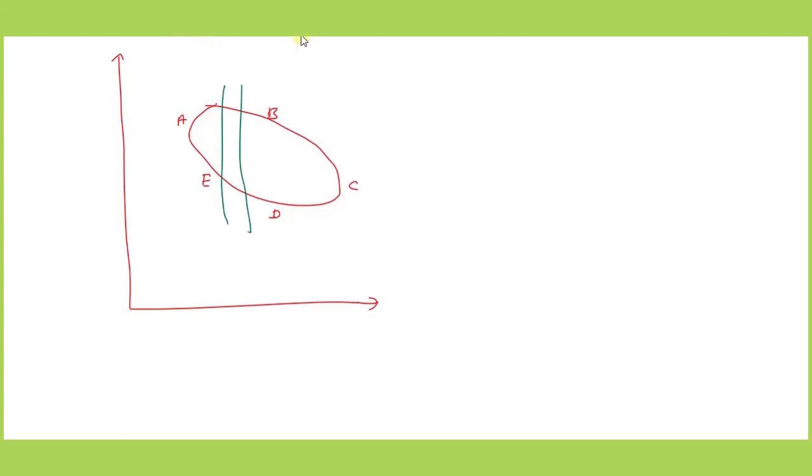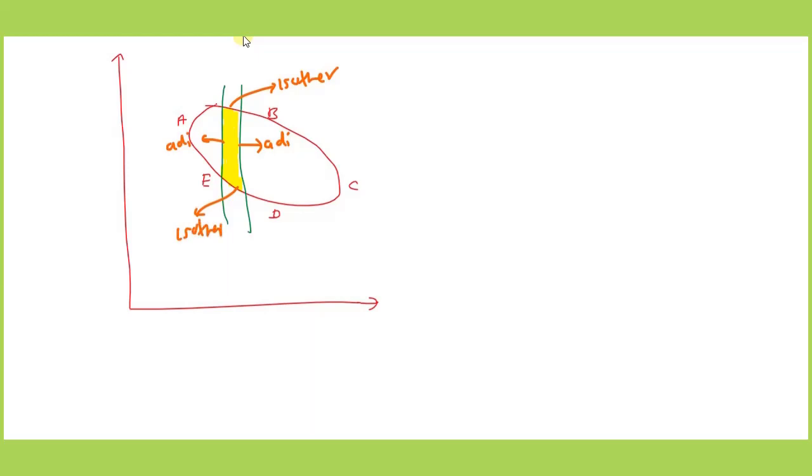Now if you consider the shaded area, this shaded area is surrounded by two reversible adiabatics and two reversible isothermals. This green curve is an adiabatic curve, and this green curve is again an adiabatic curve. And here you have a very short isothermal, and here also you have a very short isothermal.